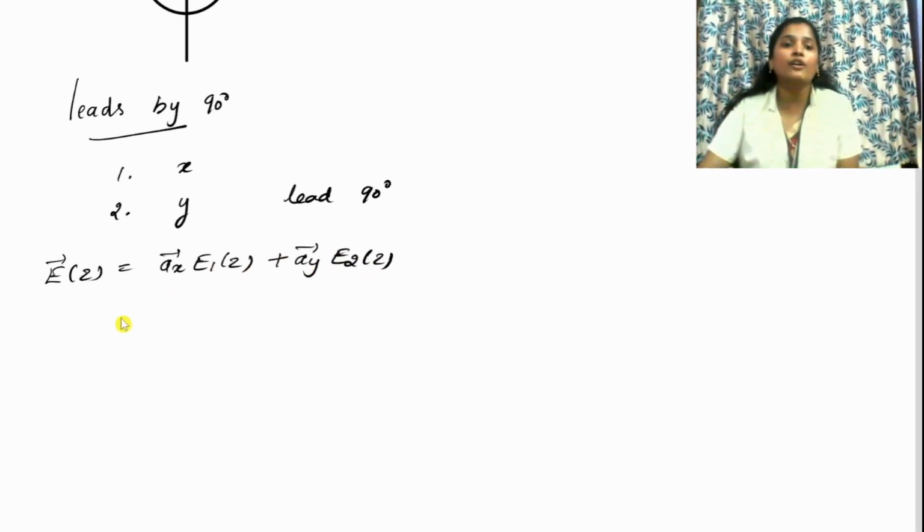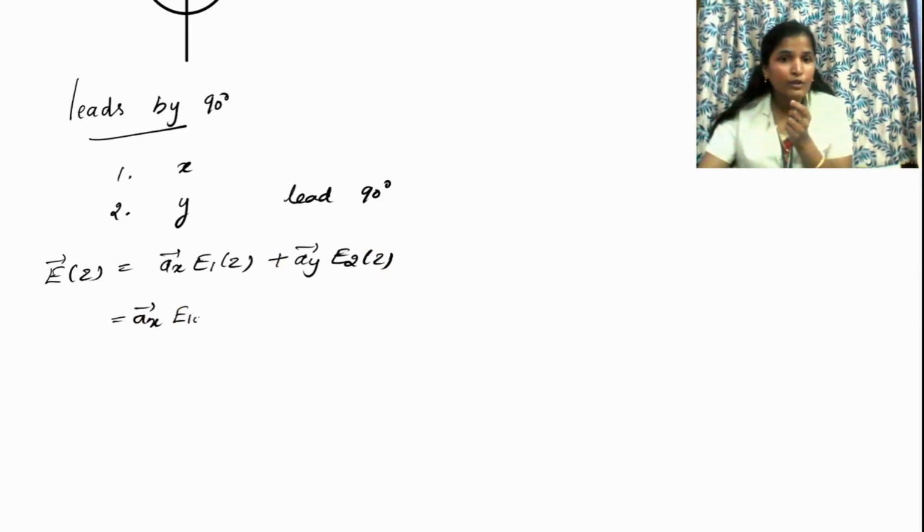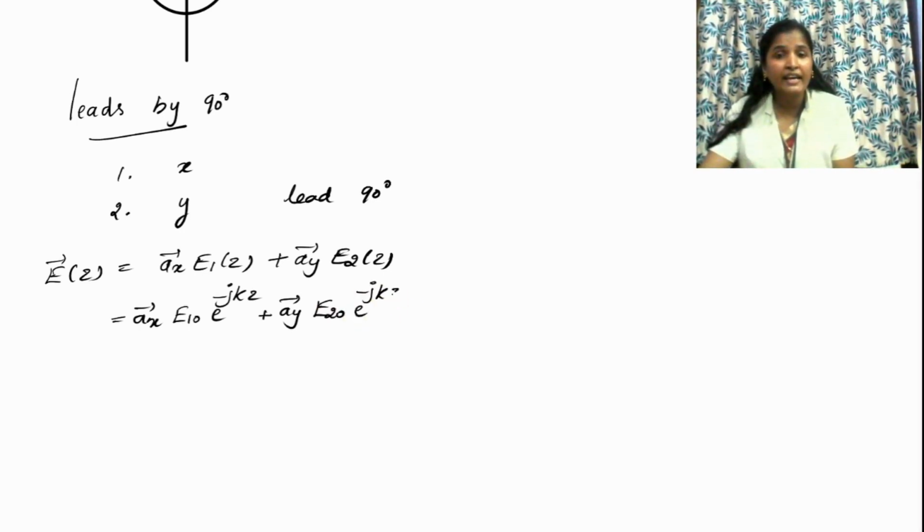Here also we apply the same thing: instead of E1 of z we write E1 naught e power minus jkz, and the next term is a_y E2 naught e power minus jkz, and with the lead we include e power plus j pi by 2.